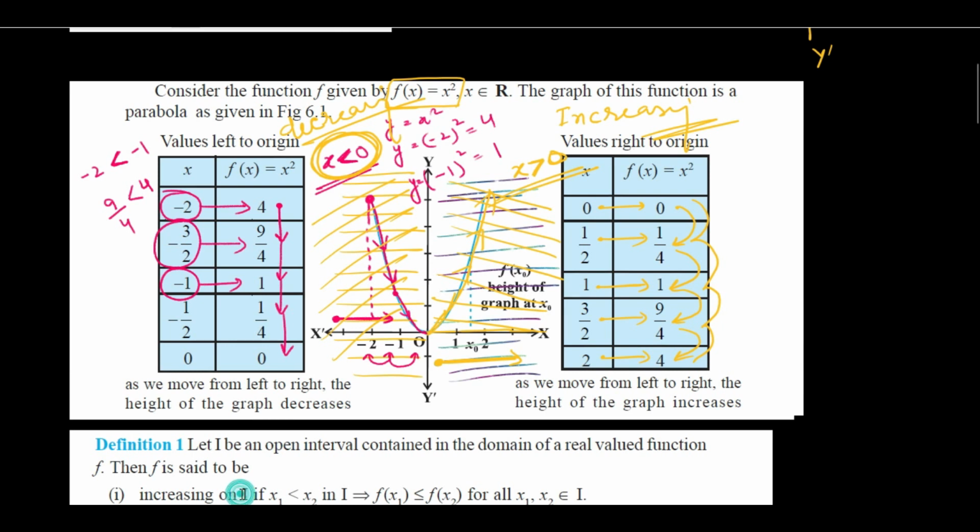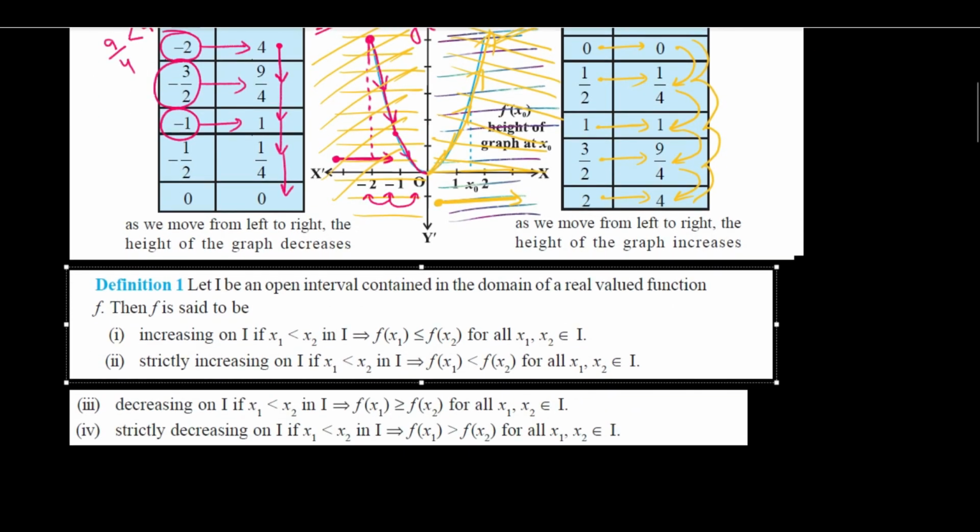Now by this discussion we find the definition. Let I be an open interval contained in the domain of a real valued function f.